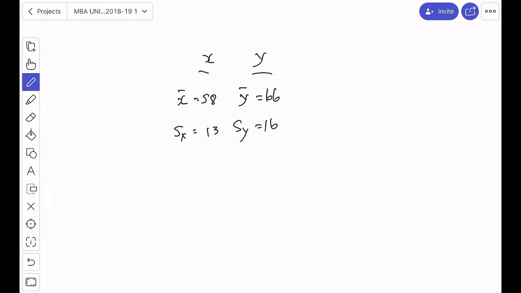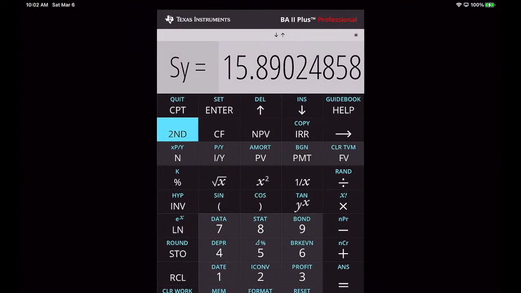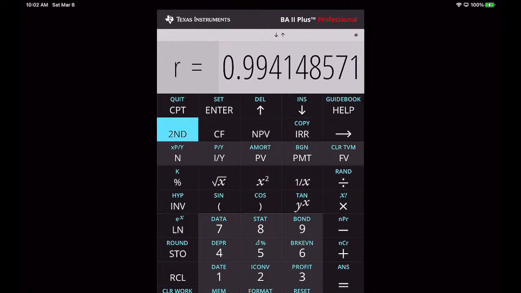So let's calculate B. B would be R times SY over SX. R was given to us as 1 if we round it. Let's go back and check. It's 0.99, isn't it?